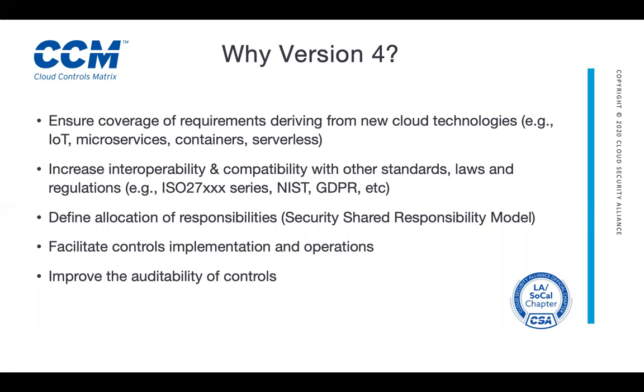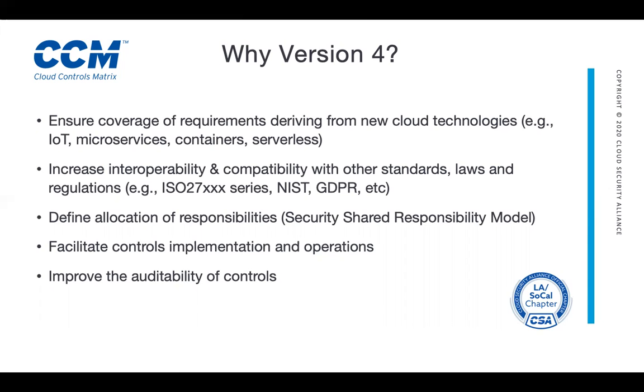And that would mean that we will need to simplify the control specification, also adding the assessment guidelines, etc., as well as there was a need for alignment and integration into the CCM of security specifications deriving from other standards or deriving from new technologies introduced into the cloud.